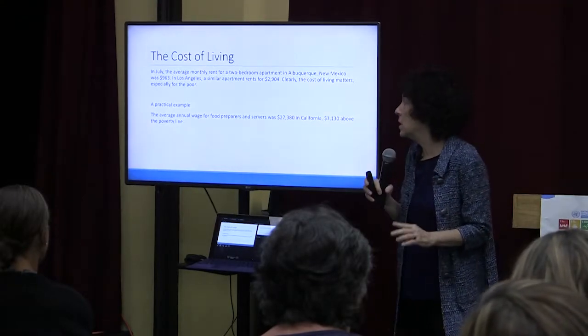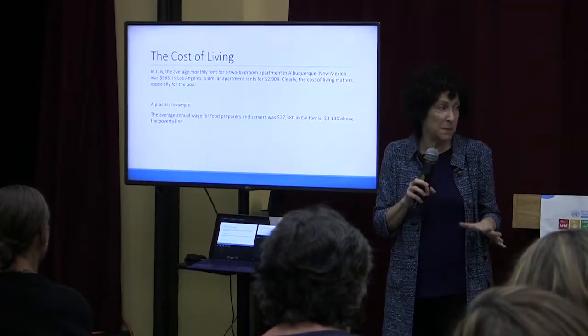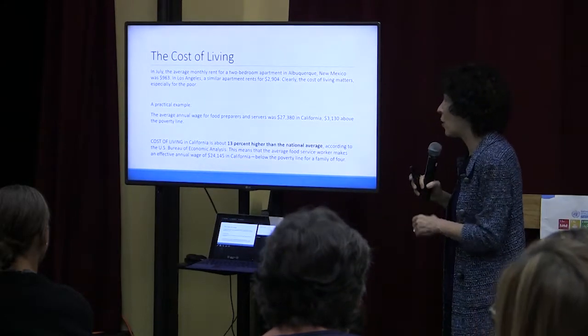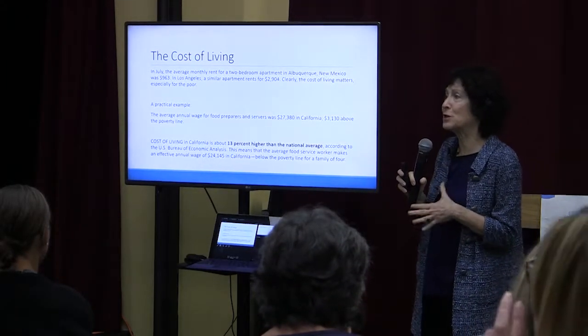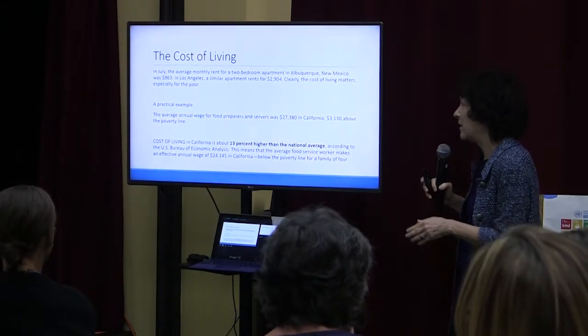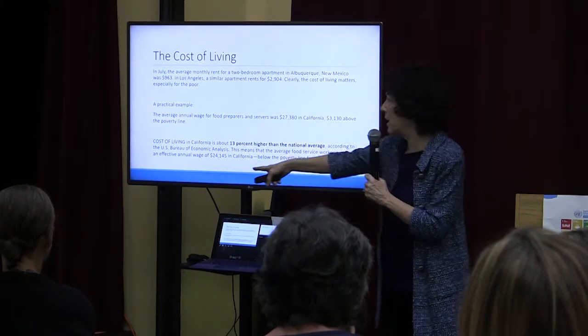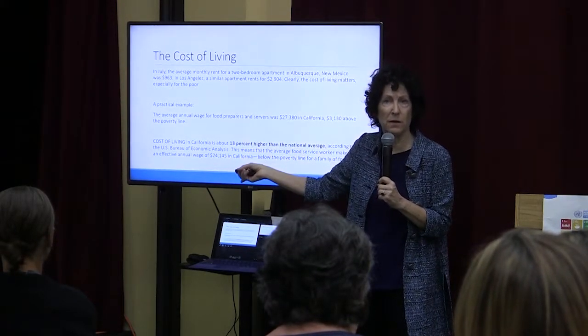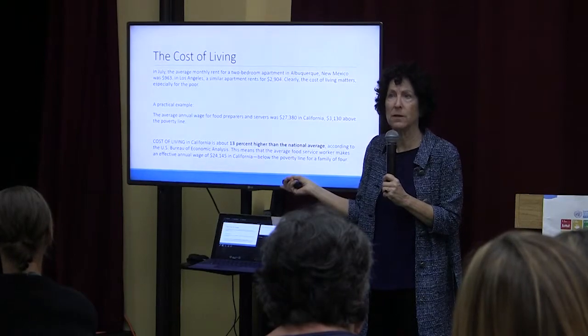So that person at $27,000 is not in poverty, unless you then factor in the cost of living, because California is 13% higher. So if you put that into play, then the same person here now earns $24,000 a year. And so they're living in poverty for a family of 4.